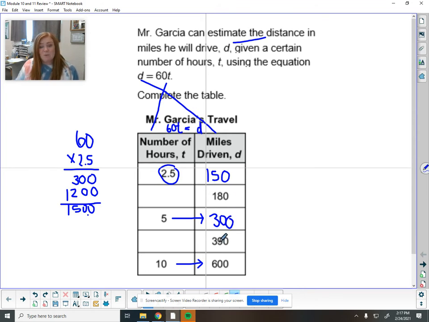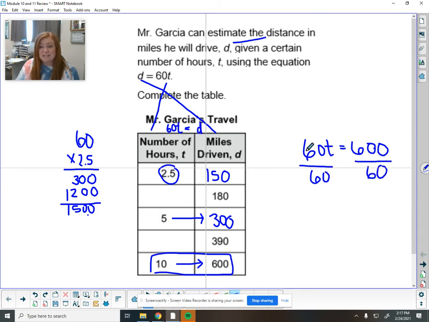So now this time we need to work backwards. So let's look at the one that was already completed for us. D was 600, and then we had 60T equaled 600. And we wanted to get the time all by itself. So we need to do the opposite of times by 60 and divide by 60.